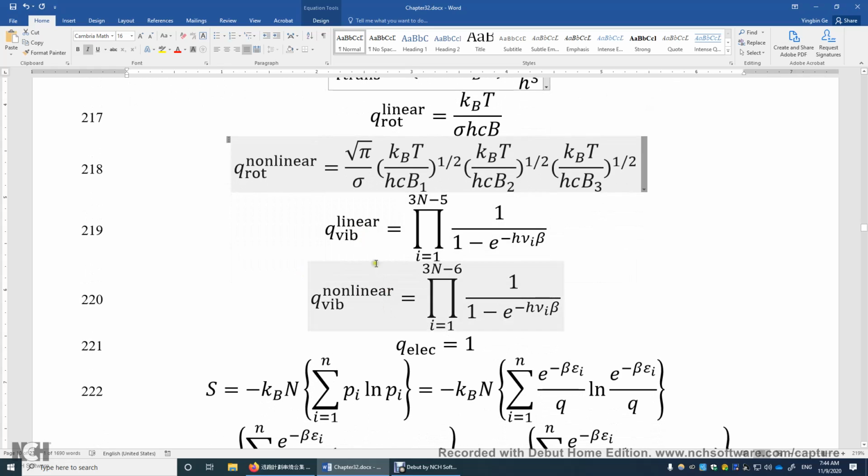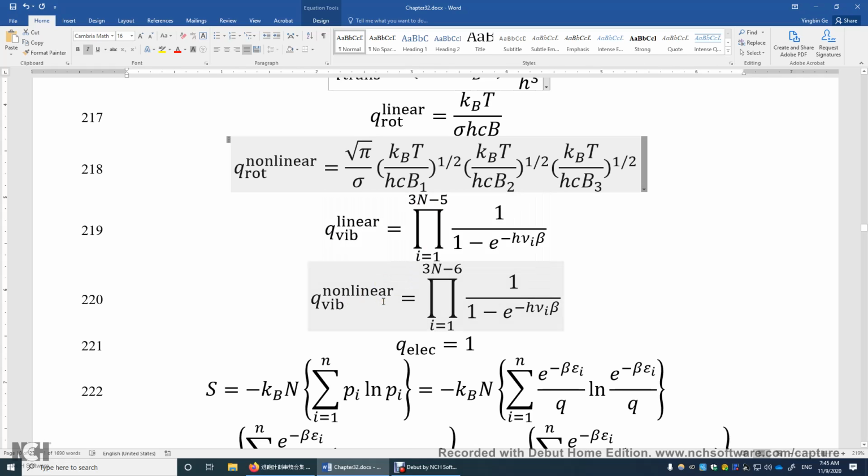Over here, these two equations are the vibrational partition functions for linear molecules and for nonlinear molecules. They are very similar to each other. The only difference is this. If you have a linear molecule, there are 3 translational modes and 2 rotational modes. Therefore, there are 3N minus 5 vibrational modes.